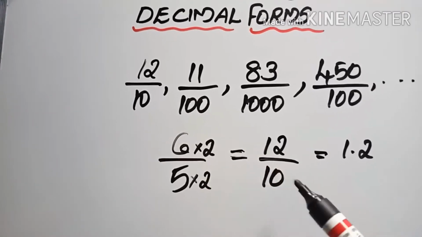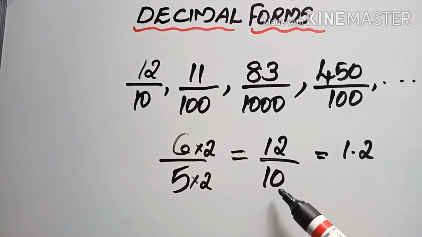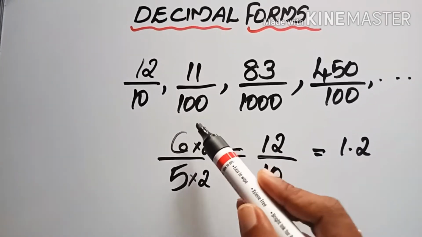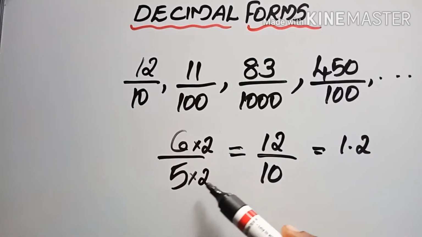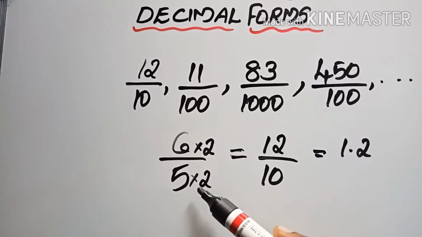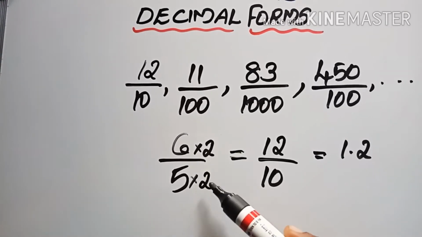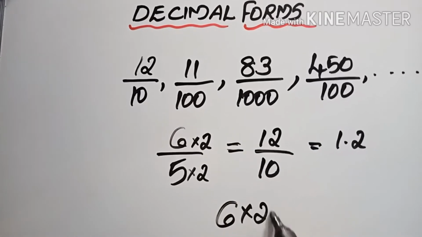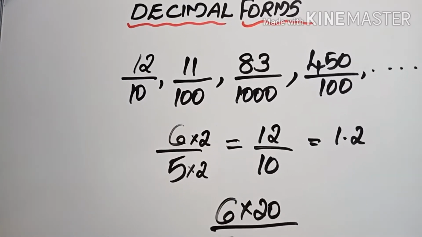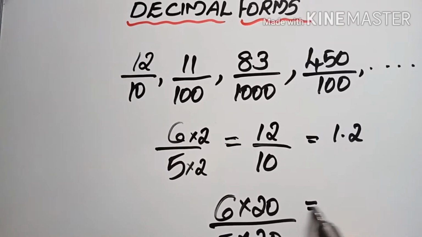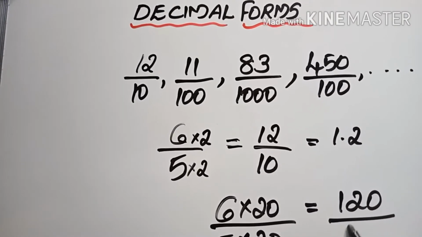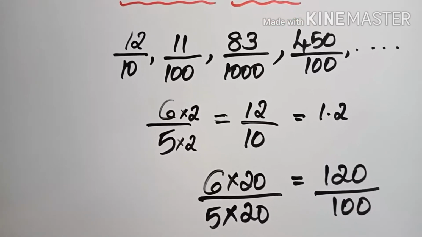Either 10 or 100 we can also choose. 5 into what is 100? 5 into 20 is 100. That is also possible. 6 into 20 divided by 5 into 20, then 120 divided by 100.